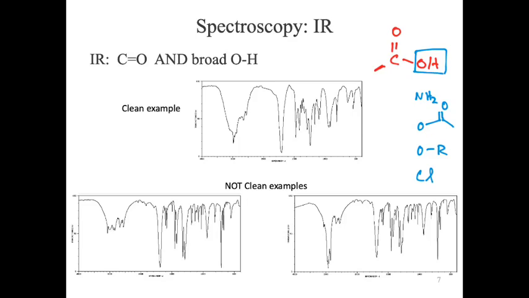Will, in the case of conjugation, will that shift the CO double bond at all? As far as the CO double bond goes, yes, it shifts it. I would caution against doing anything with the CO double bond because the amount of shifting that you get there is minimal.